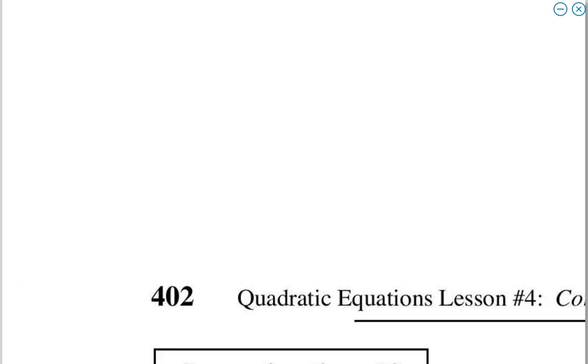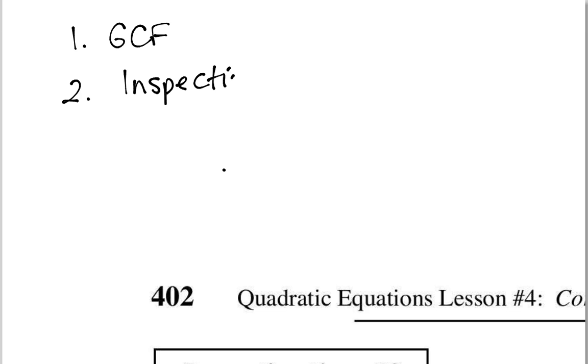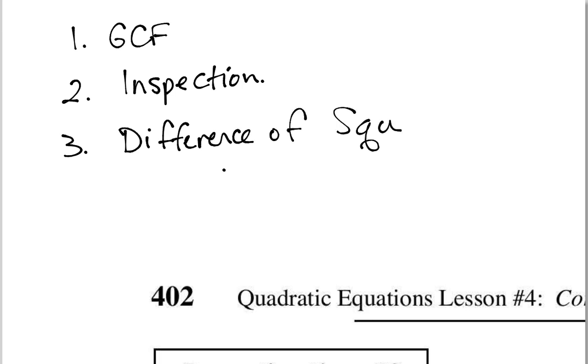At the top of this page, what are the 4 styles of factoring you need? GCF, inspection, good, Maria, difference of squares, and one more, decomp.